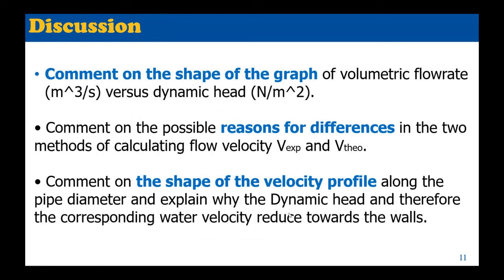First one for the velocity and the second one was the velocity dynamic head profile. So if you see a difference, comment on that. Also comment on the shape of the velocity profile. It should be almost like a D shape, right? And comment why it's like this, why not, those kinds of things.